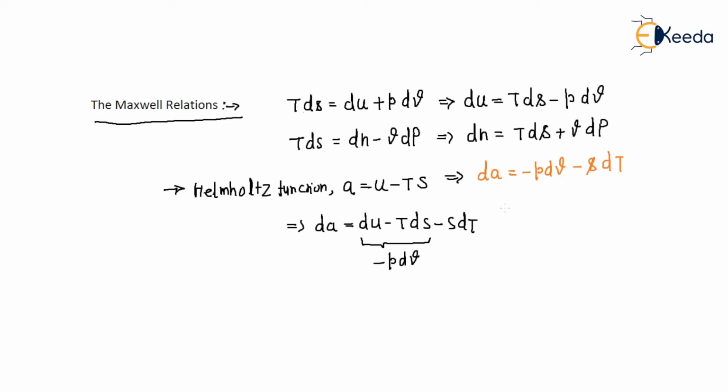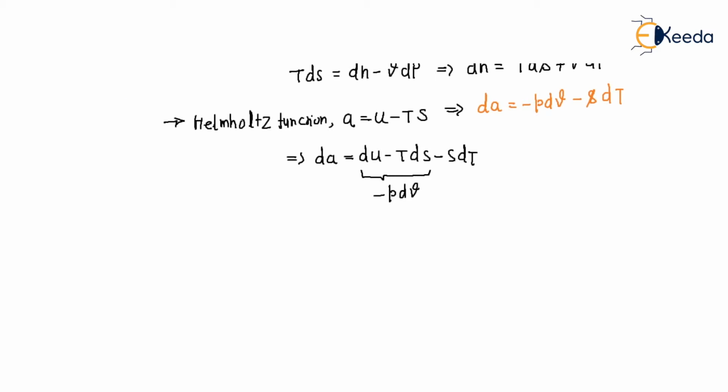And the other function is called Gibbs function. Small g is the Gibbs function, h minus ts.